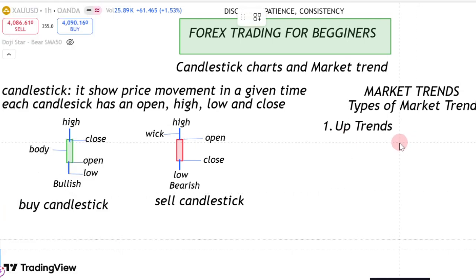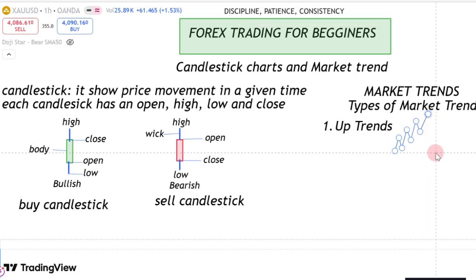Higher highs, higher lows, higher highs, higher lows, higher highs. So this is uptrend. We're going to talk about uptrend. Uptrend is when the market is forming higher highs and higher lows.